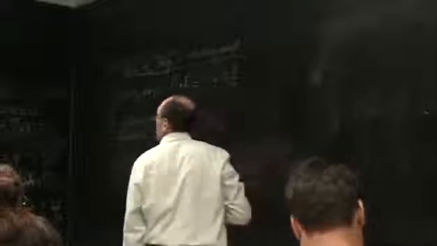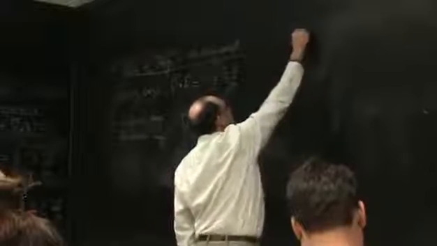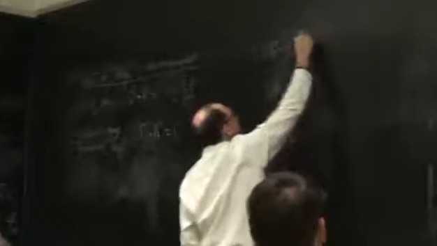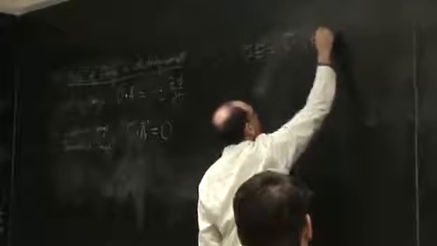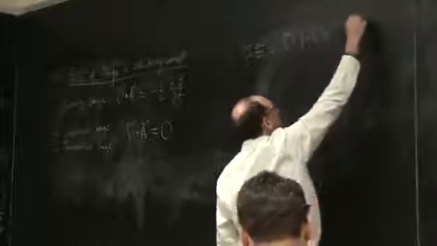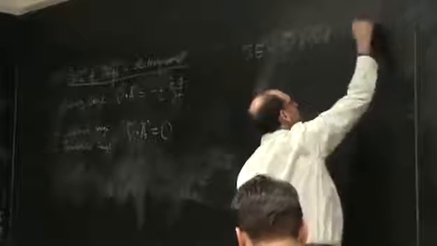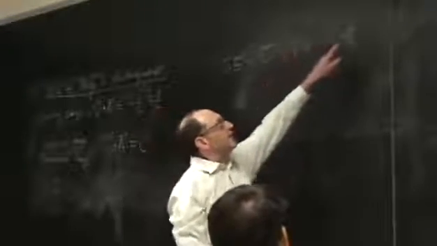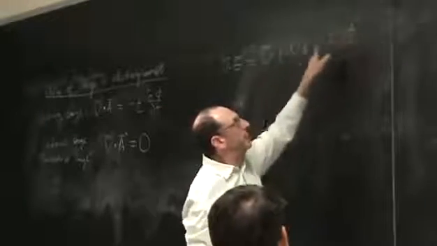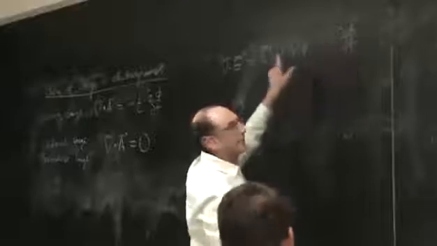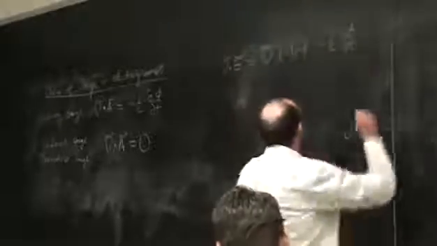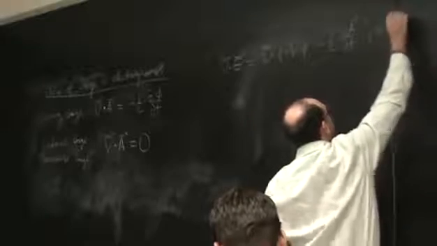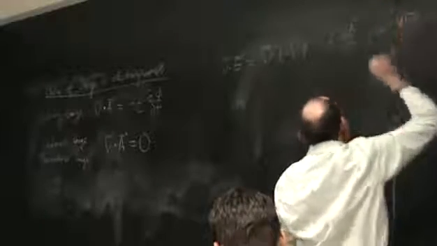So, del dot E is equal to the divergence of minus the gradient of phi minus 1 over c dA/dt. Once again, in these Gaussian units, the vector potential and the scalar potential have the same units. So this is a distance, that's a distance. This is equal to 4 pi rho.